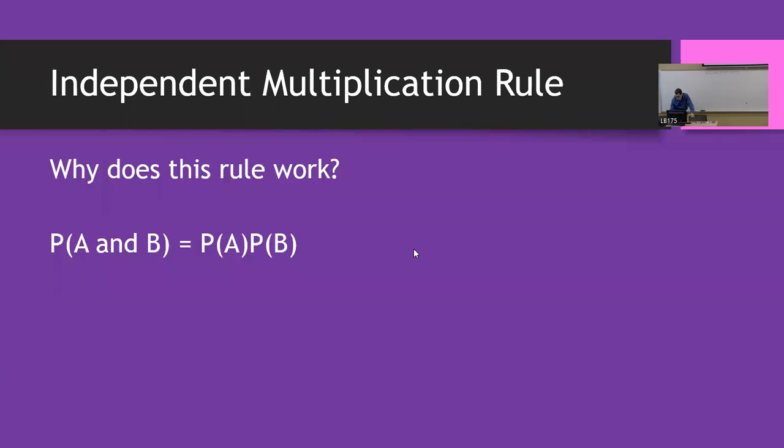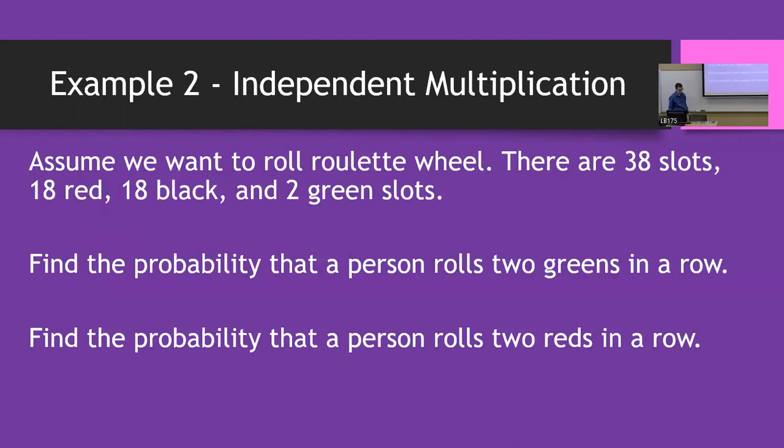It's really, really big. So independent multiplication works because the number of outcomes grows by multiplication. 2 times 2 is 4, 3 times 3 is 9, et cetera, et cetera. Okay.